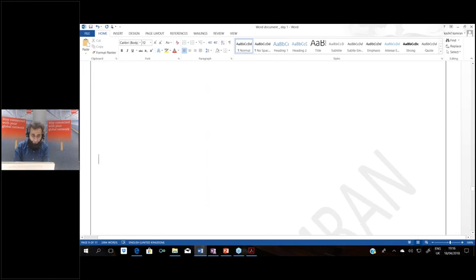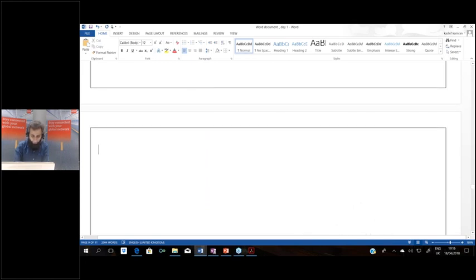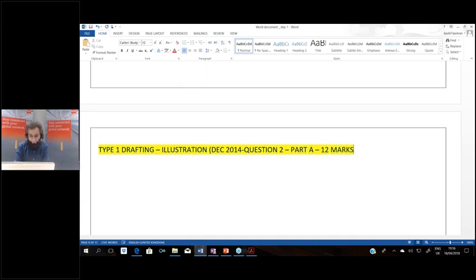So if I start first with this type 1 drafting, I'm just doing it as an illustration. Which question am I doing? I'm doing the December 14 question, the question number 2, and the part A, which is for 12 marks.